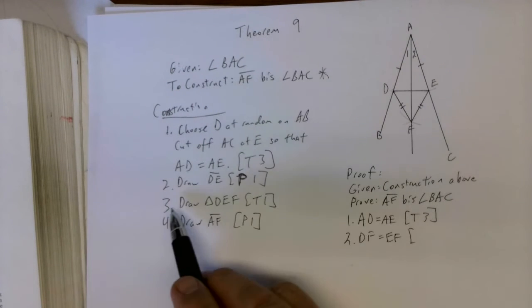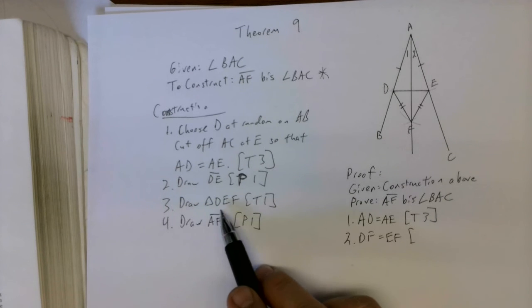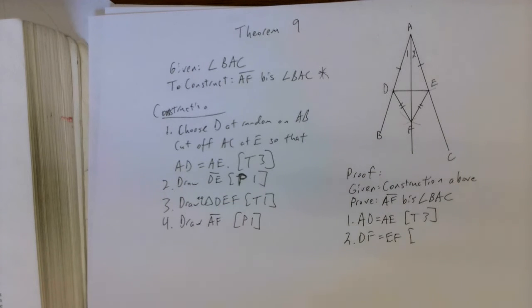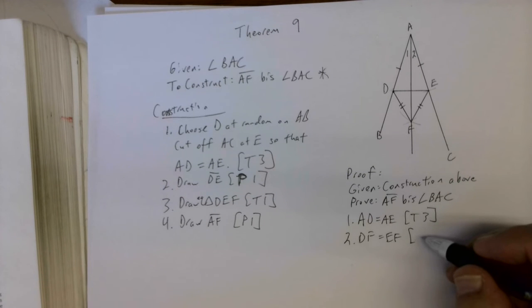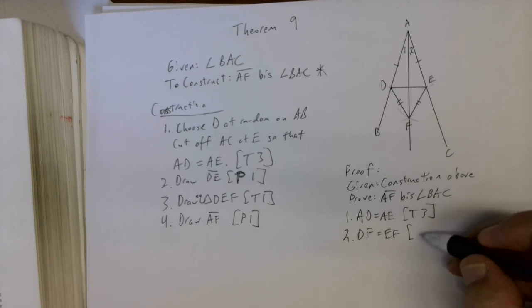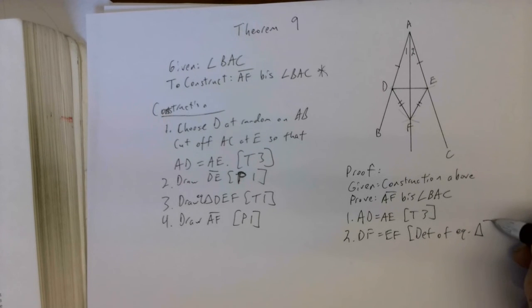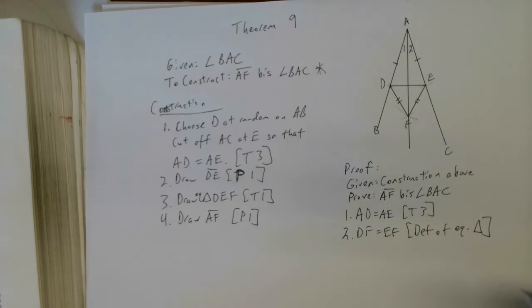It came from over here, step 3, draw an equilateral triangle. Oops, I forgot to label it EQ. Okay, it has to be an equilateral triangle. DF can't be just any old triangle. And so we're going to say that that is because of the definition of an equilateral triangle. Definition of EQ triangle. All right?